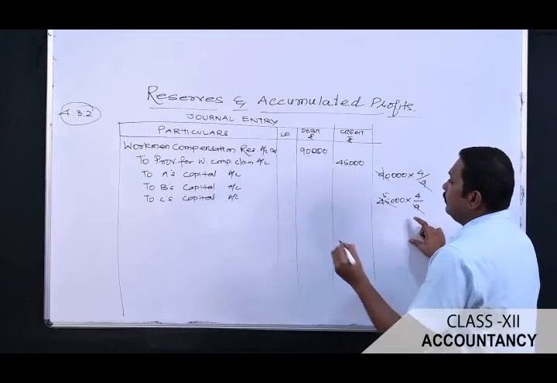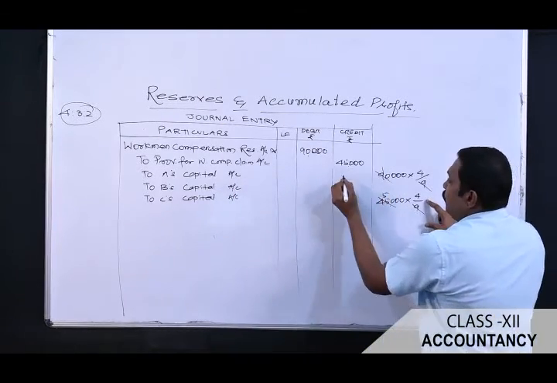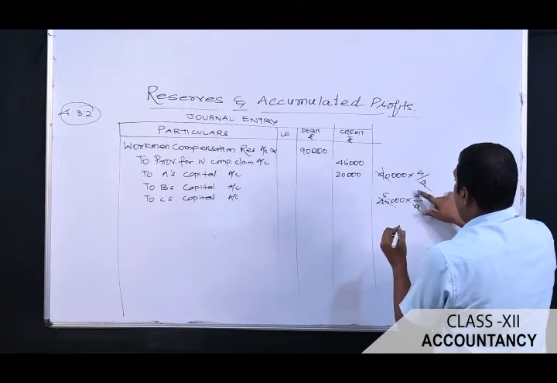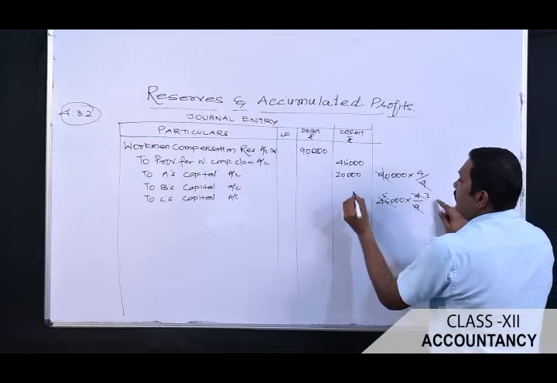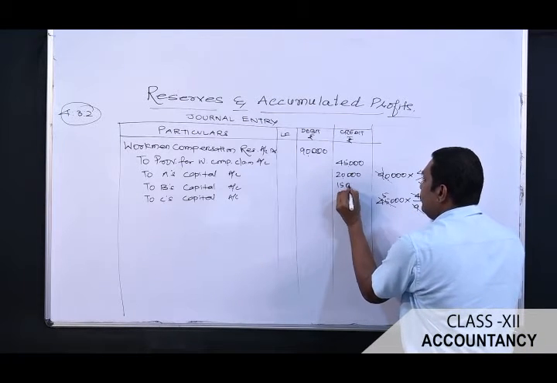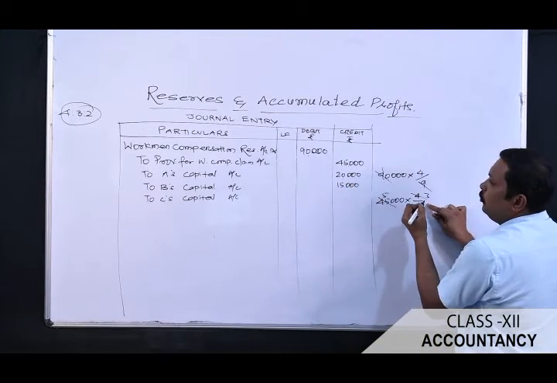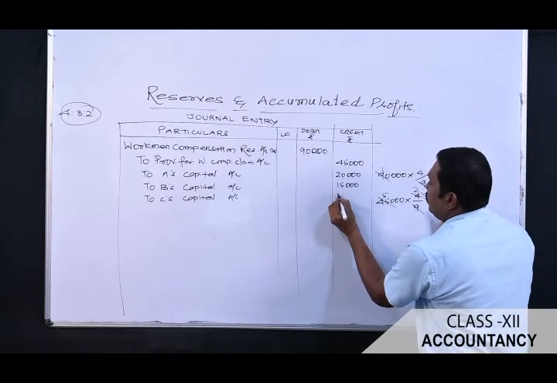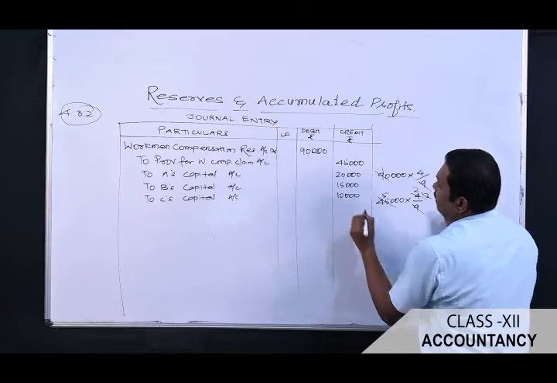So 45,000 into 4 by 9, 20,000, and when it is 3, 15,000, then 45,000 into 2 by 9, 10,000. Right?